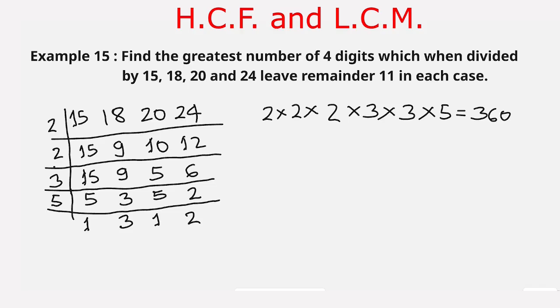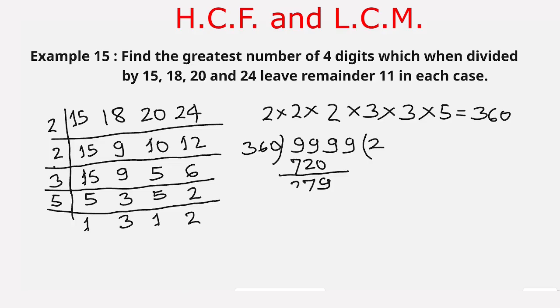Now step 2. The largest or greatest 4-digit number is 9999. We divide this number by 360. 999 is divided by 360. It gives 2 as quotient, and 2 times 360 is 720. When subtracted from 999, we get 279.